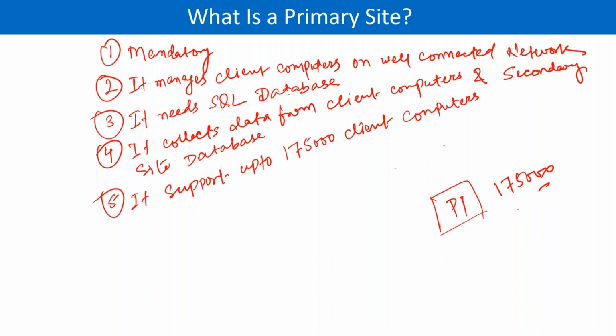So suppose there is a company called Yahoo in Nigeria, and that company has less than 175,000 devices. Let's say 165,000 devices are there in that Nigeria location. So we will install one single primary site to manage all these devices.